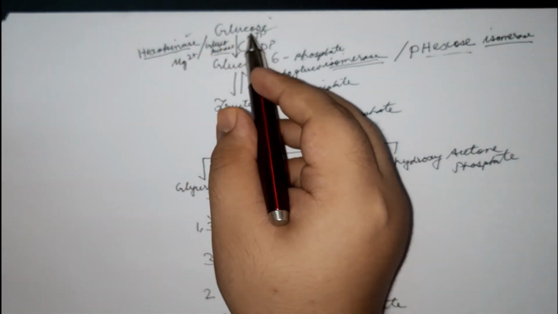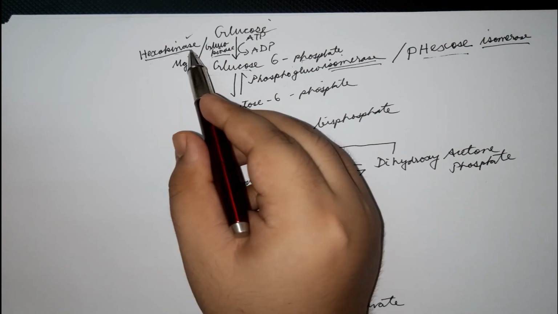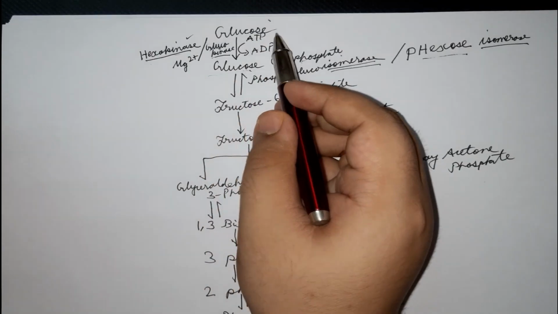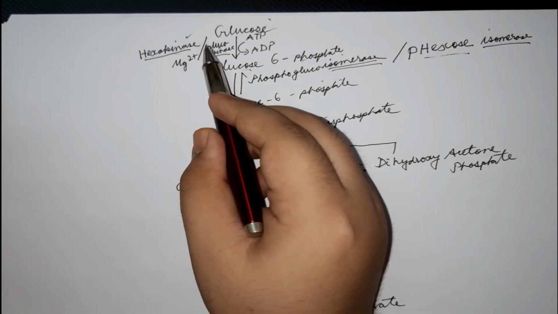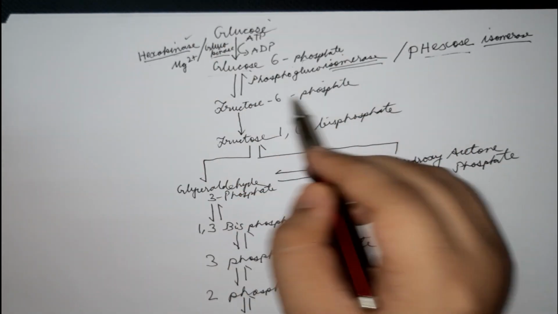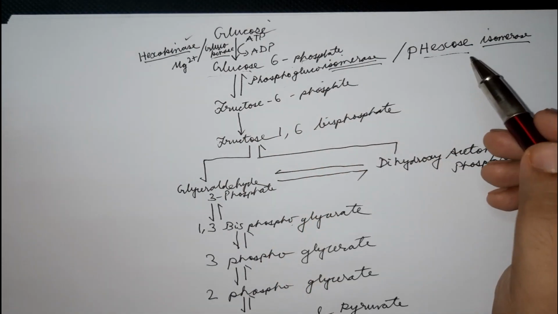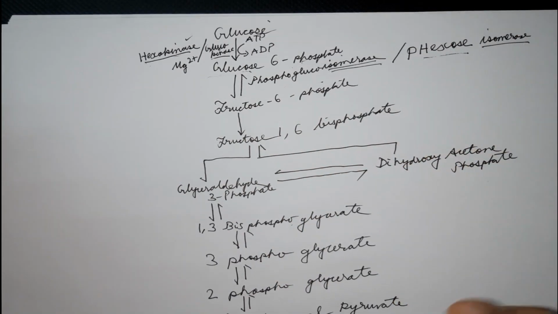So that's why glucose to glucose 6-phosphate phosphorylation is taking place with the help of hexokinase or glucokinase. Just like that, glucose 6-phosphate to fructose 6-phosphate, the isomerization is taking place with the help of phosphoglucoisomerase or phosphohexose isomerase. Done.